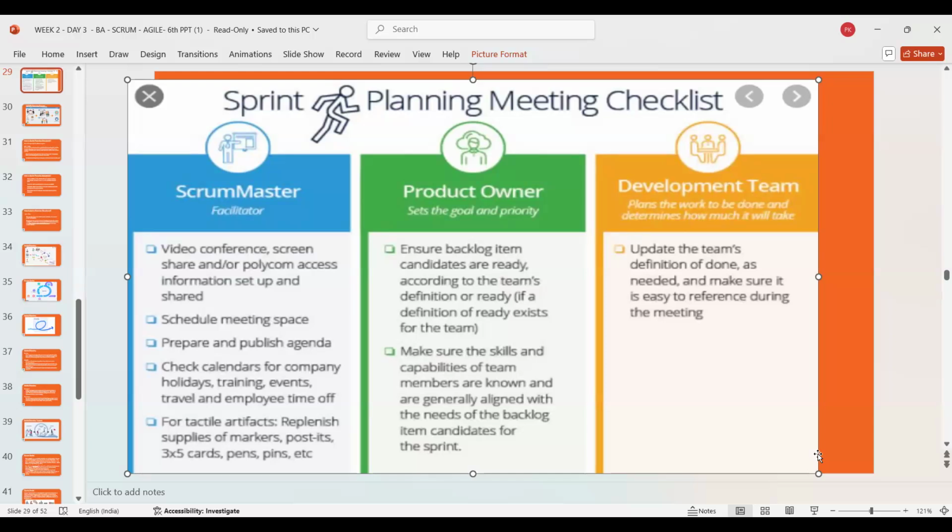Also, for any discussions, if anybody wants to jot down, do we have some booklets or pens available at the meeting? All these scenarios are very important and quite essential to carry out the meeting. So these are the checklist points from the Scrum Master point of view for any sprint planning meeting.